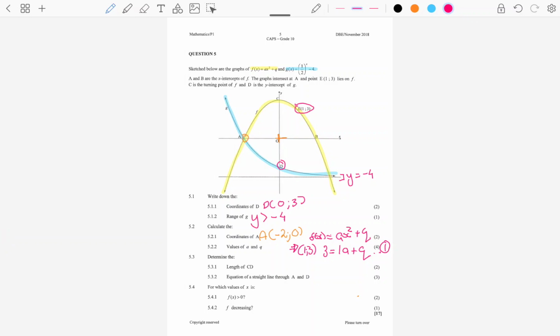Now we also know another point on this graph is A, which we already calculated as (-2, 0). So we can also sub that in.